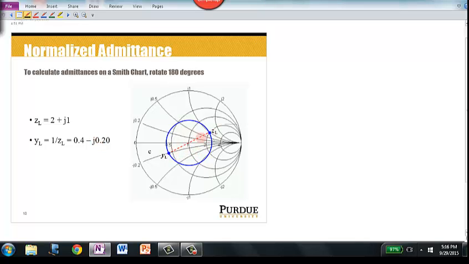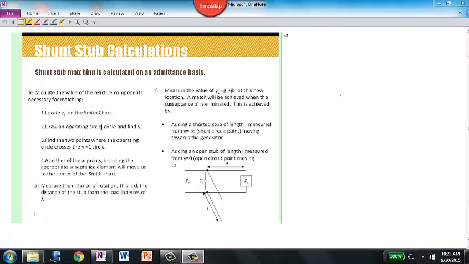Well, if you rotate 180 degrees on the operating circle, we get this point right here, and we don't have a 0.4 circle drawn here, but if we did, we'd see that the 0.4 circle intersects with the minus J0.2 circle right at that point. So to calculate normalized admittances, all we have to do on the Smith chart is rotate 180 degrees.